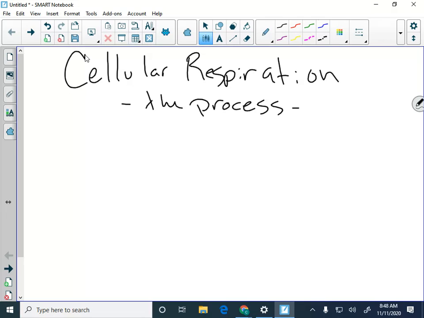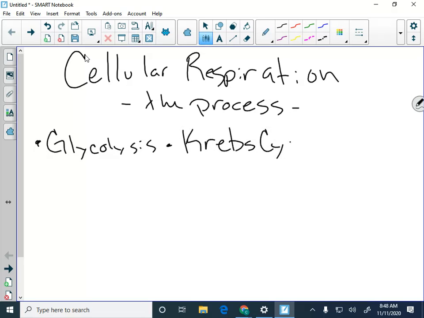But like I mentioned yesterday, cellular respiration happens in 3 steps. It starts with glycolysis. Then we have the Krebs cycle. And then we have an electron transport chain. Those are our 3 big steps. So we're going to go through step by step.